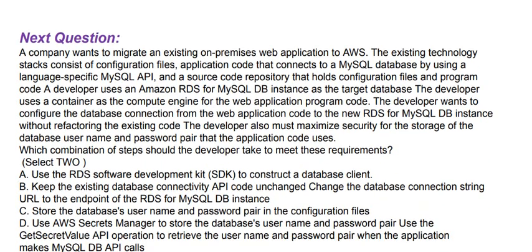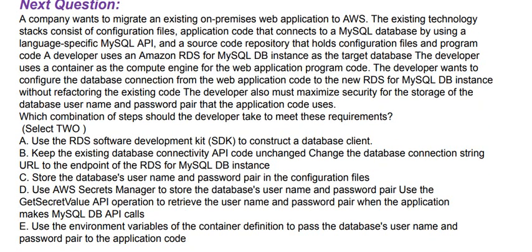Next question is: a company wants to migrate an existing on-premises web application to AWS. The existing technology stack consists of configuration files, application code that connects to a MySQL database by using a language-specific MySQL API, and a source code repository that holds configuration files and program code.